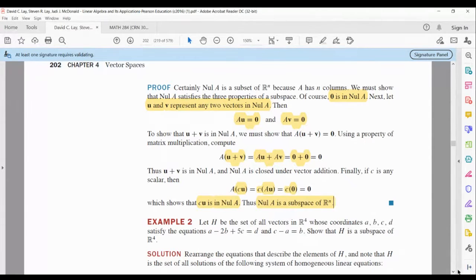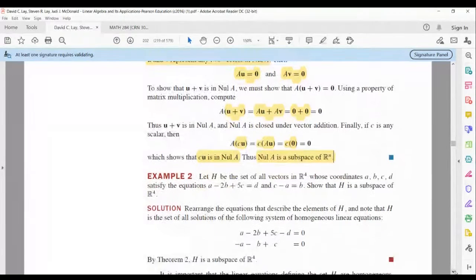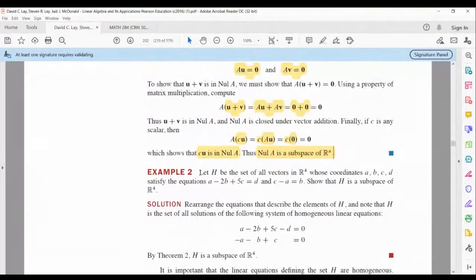All right, well, let's continue on here. So these are simple examples. In example 2, they say let H be the set of all vectors in R4 whose coordinates satisfy these two equations. The equations are a minus 2b plus 5c equals d, and c minus a equals b.